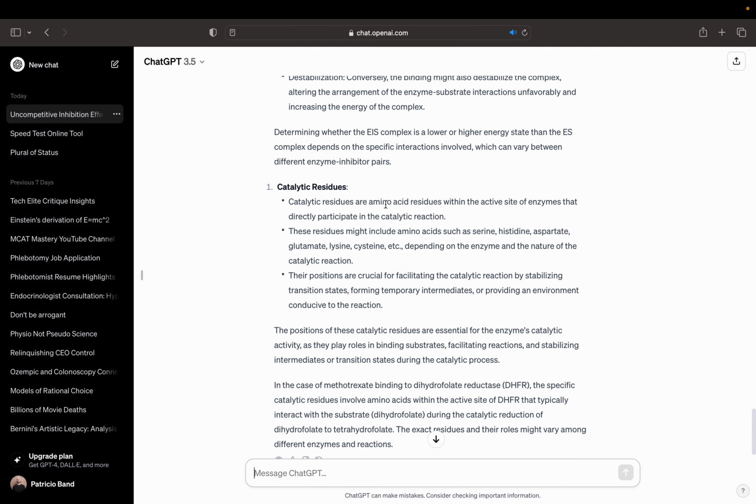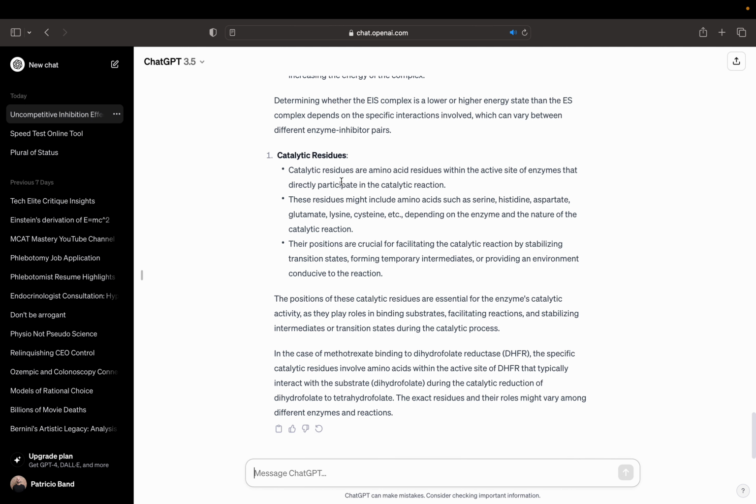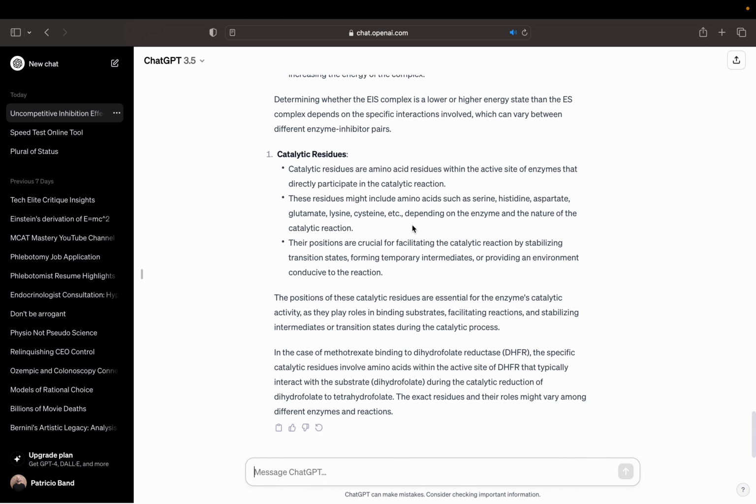Catalytic residues are amino acid residues within the active site of enzymes that directly participate in the catalytic reaction. So they are amino acid residues that are actively working at the active site of the enzyme, right? These residues might include amino acids such as serine, histidine, aspartate, glutamate, lysine, cysteine, etc., depending on the enzyme and the nature of the catalytic reaction.